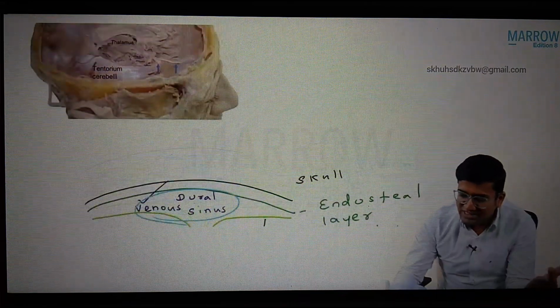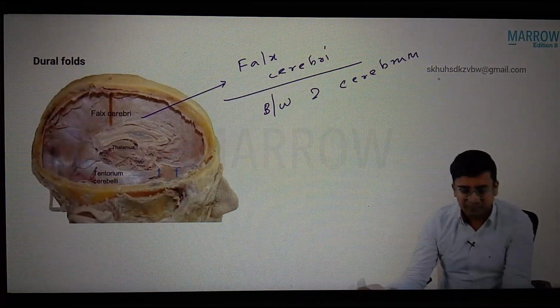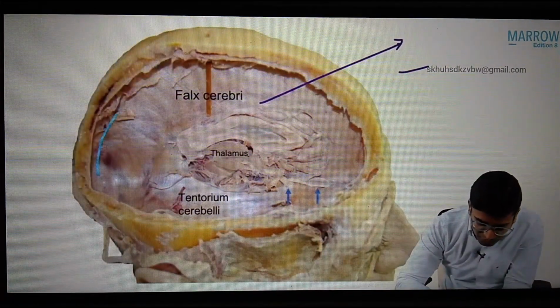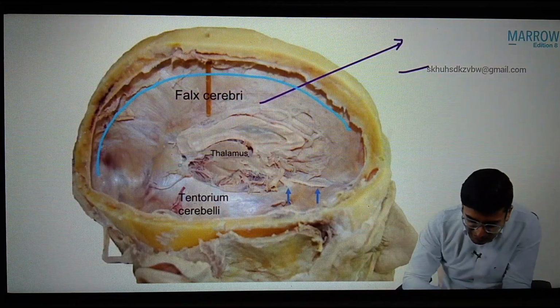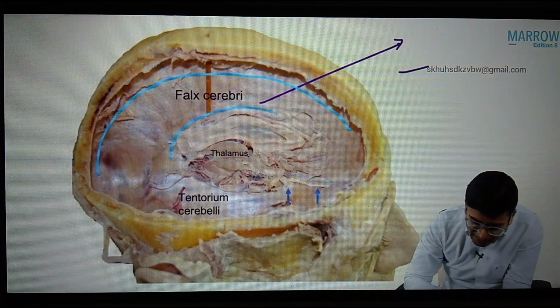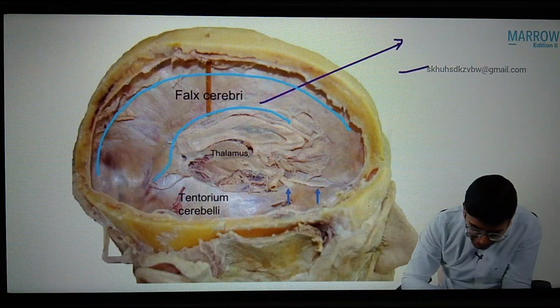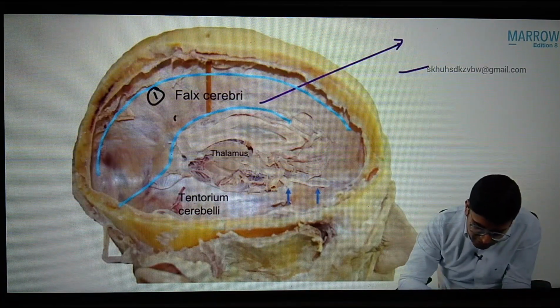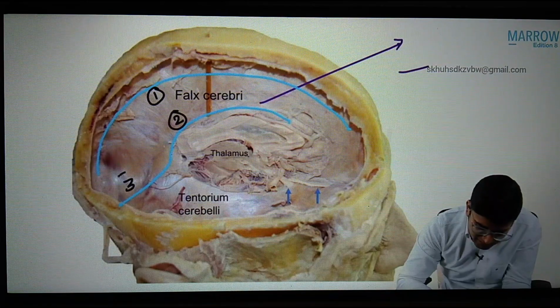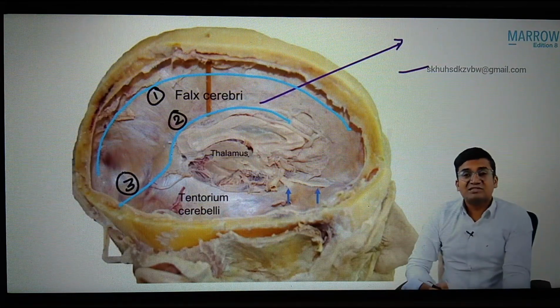Now, what are the dural venous sinuses present in the falx cerebri? Above you have superior sagittal sinus. Similarly, below, inferior sagittal sinus, which in turn continues as straight sinus. This is number 1, this is number 2, and this is number 3. So these three sinuses are present in the falx cerebri.